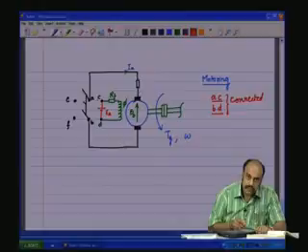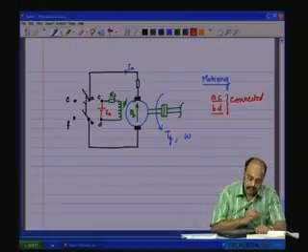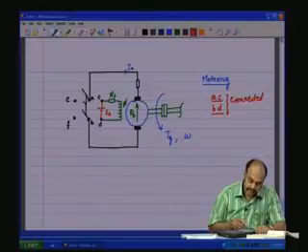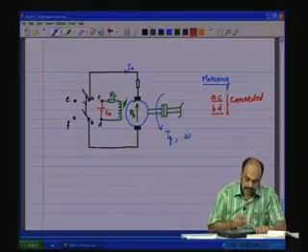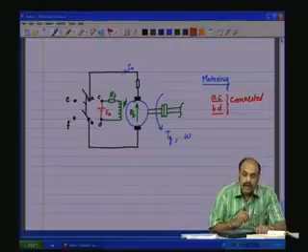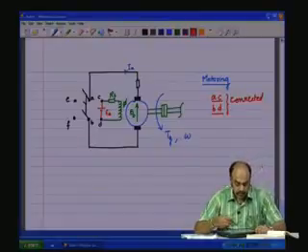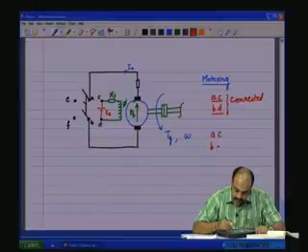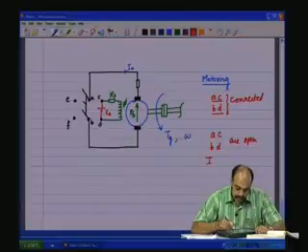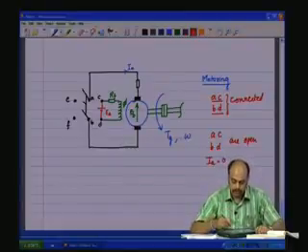Now, if we open this switch, that is, disconnecting this switch such that A and C are open, B and D are open. Under such condition, there is no IA flowing, which means IA is equal to 0. IA equal to 0 means, if A, C, B, D are open, IA is equal to 0.